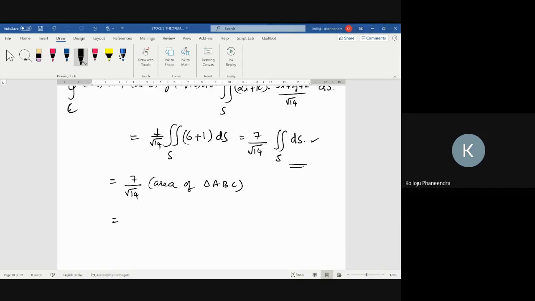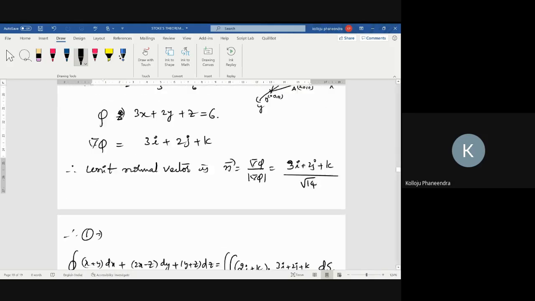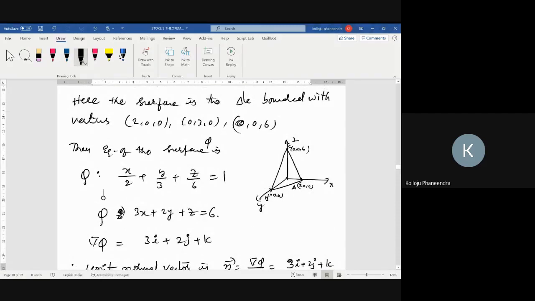What is the area of this triangle ABC with vertices 2 0 0, 0 3 0, 0 0 6? First, what is the area of this triangle with these vertices?